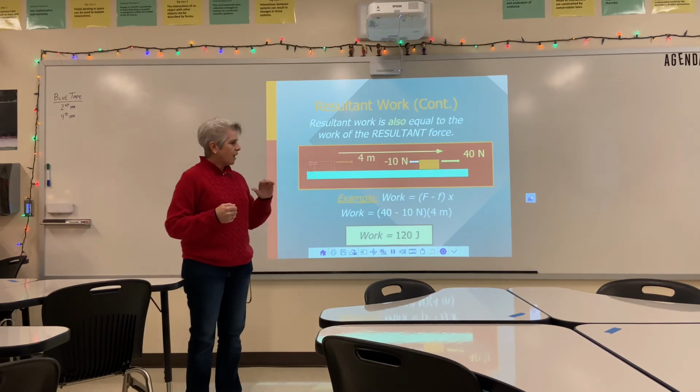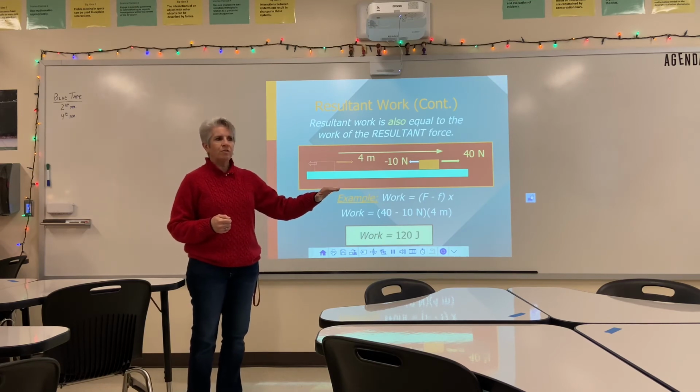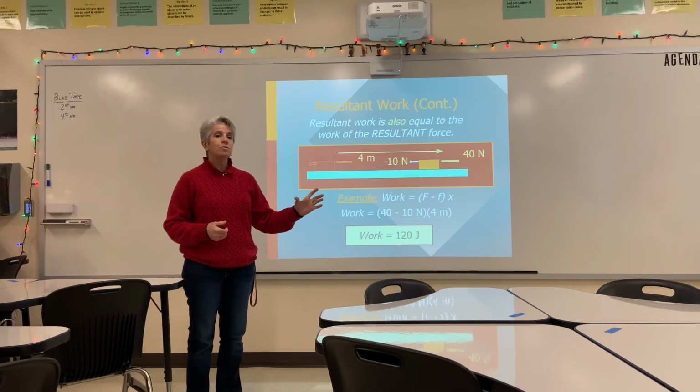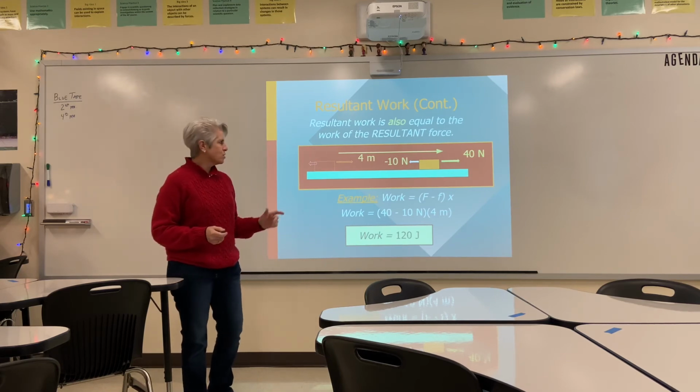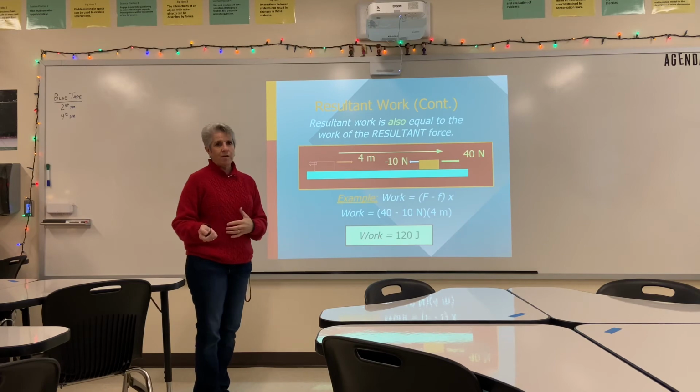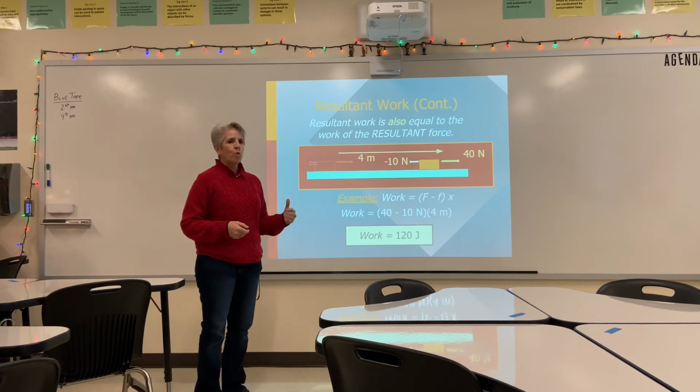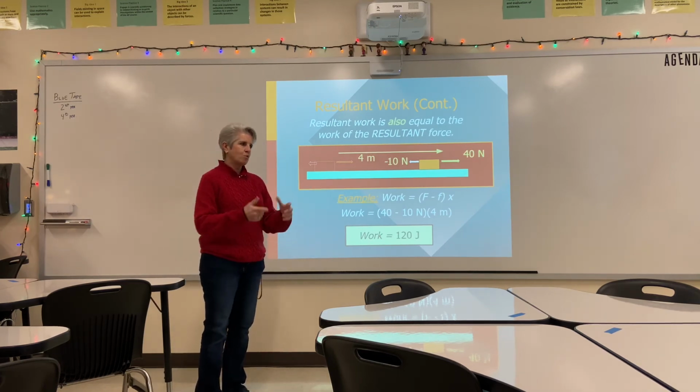The 40 newton force was positive, and adding a negative 10 newtons gives me 30 newtons of net force. Multiply that by my 4 meters, and I still get 120 joules. So these are two different strategies to solving the same problem: find the net force, or find the work done by each force and then add those works together to get the resultant work.